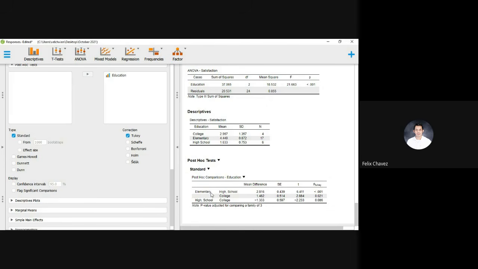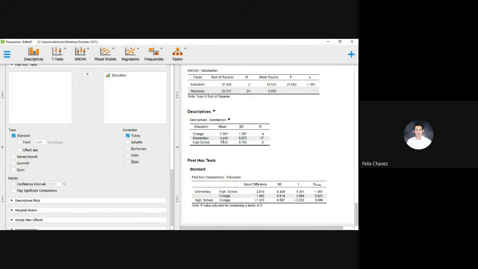And elementary and college, okay, the p-value is 0.02, which is less than 0.05. That would mean that there is a significant difference in the level of satisfaction, okay, between those at elementary and at college level.